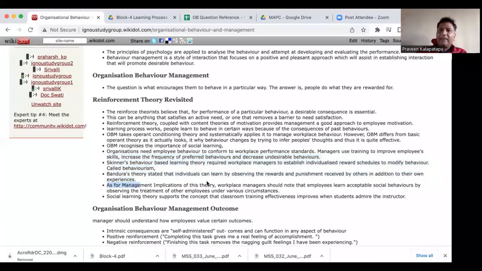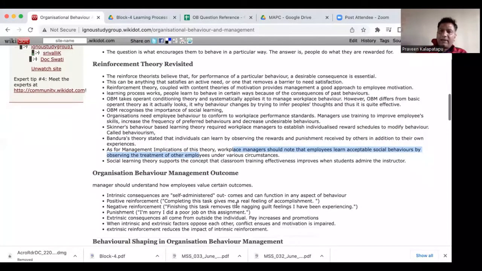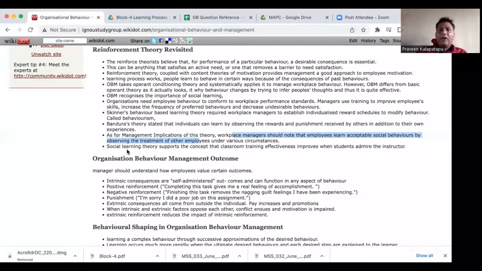The manager implication for the workplace manager is to note that employees learn acceptable social behavior by observing the treatment of other employees. They see what treatment other employees are getting, and based on that they learn. It also supports the concept that even the training sessions that people conduct utilize the social learning aspect.